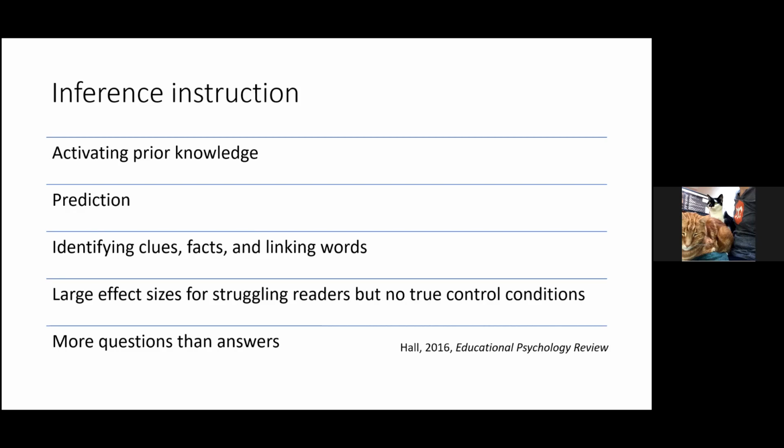However, we still have a long way to go in understanding the specific characteristics of inference instruction, what really works. Her review concluded with there being more questions than solid answers of how to do this.